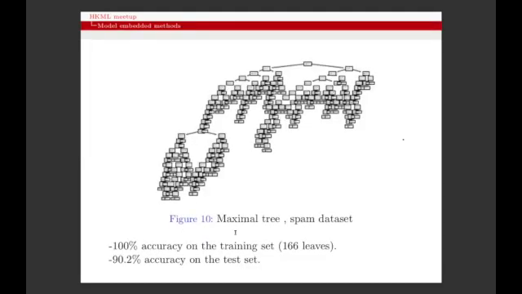So to continue, here's the picture of the maximal tree obtained with the spam dataset. We see that it's really big, and it has 166 leaves, and the test accuracy is not so good because there is too much overfitting, arising because of these too many leaves, among which many leaves only have 1 observation from the training set, which is very low, and that's why the maximal tree needs to get pruned to decrease the variance of its prediction.